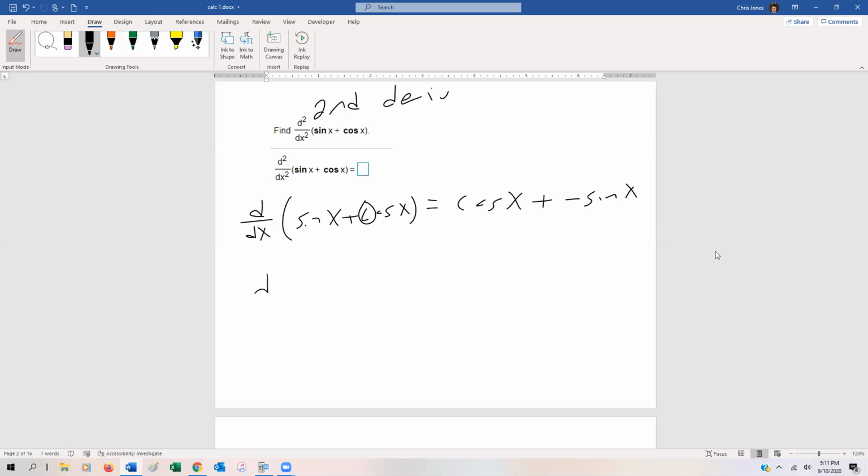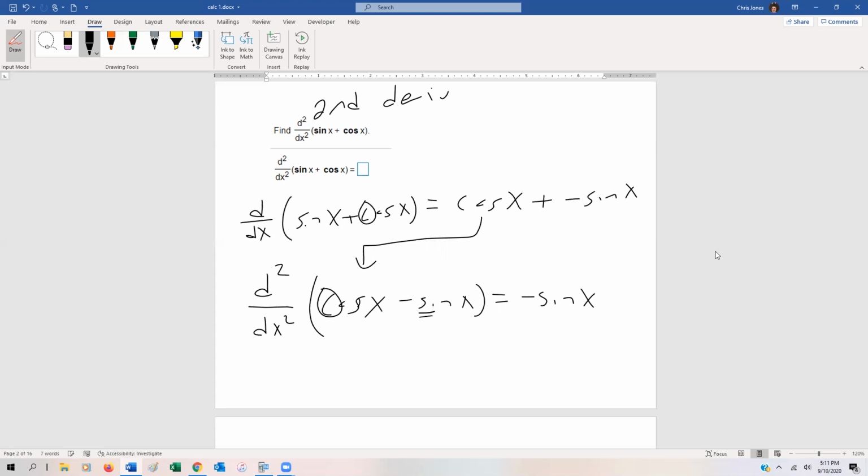For our second derivative, we're just going to take the derivative of the first derivative. So that's going to be the derivative of cos x plus a negative, or just minus sine x. We know that because it begins with a C, its derivative is negative, so that's going to be minus sine x. And then the derivative of negative sine is going to be negative cosine. It begins with an S, so the derivative of sine is positive, but the negative just carries over.